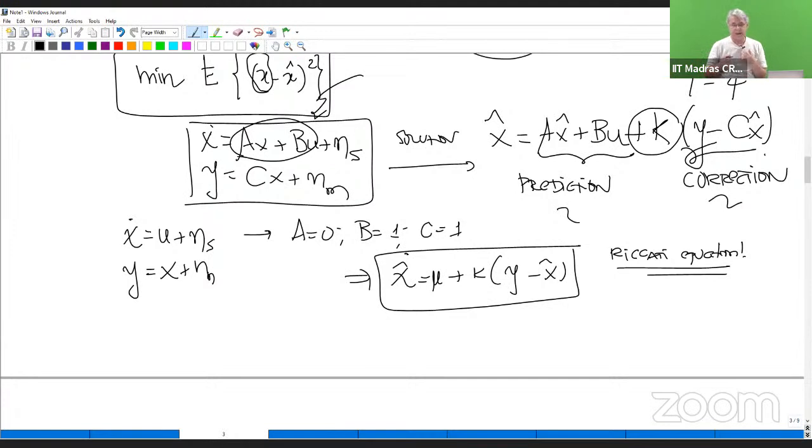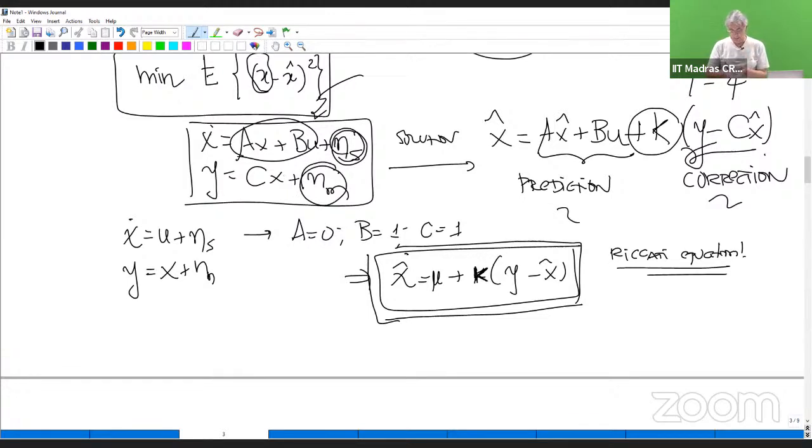So I'm not going to get into this, but let me tell you something very, very interesting. For the specific example that I'm giving you, what would you suspect? That this K should depend on the intensity, in other words, the variance or covariance of the state noise, the process noise and the measurement noise.